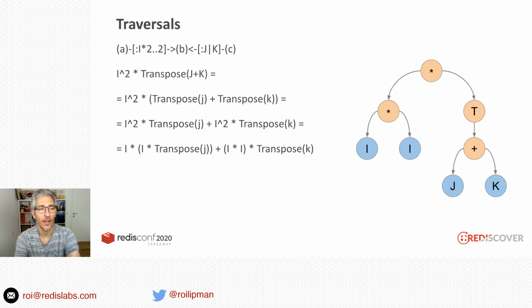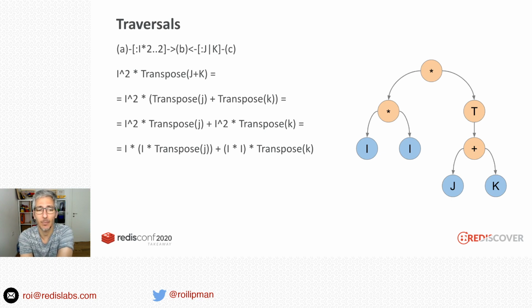And so this becomes I to the power of 2 times, and then within parentheses, transpose J plus transpose K. And then we can go ahead and expand that even further by applying the multiplication over the addition. And so this becomes I to the power of 2 times transpose J plus, once again, I to the power of 2 times transpose K.